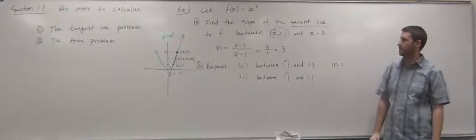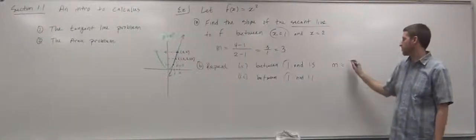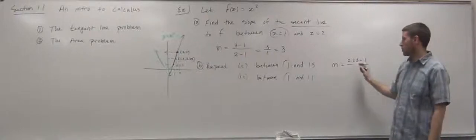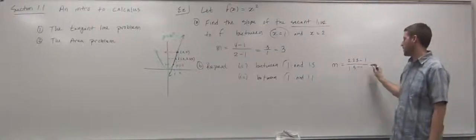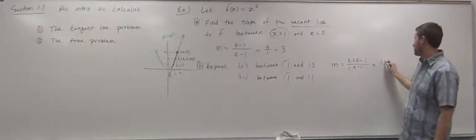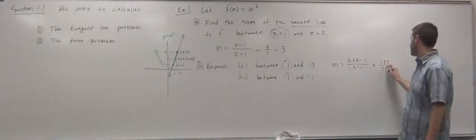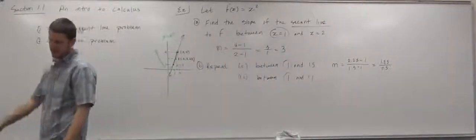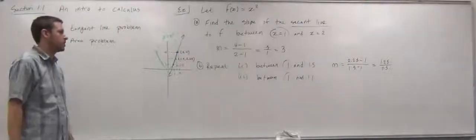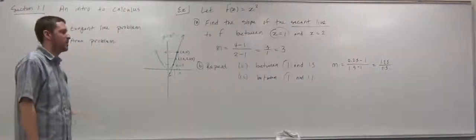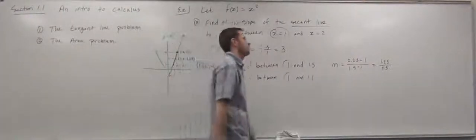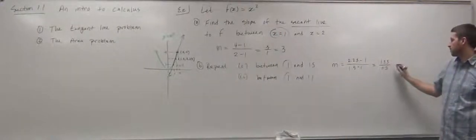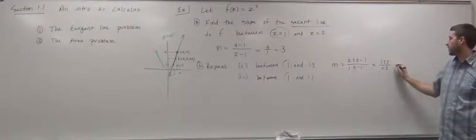How would you calculate it? 2.25 minus 1 over 1.5 minus 1, which is 1.25 over 0.5. What's that decimal? 2.5.